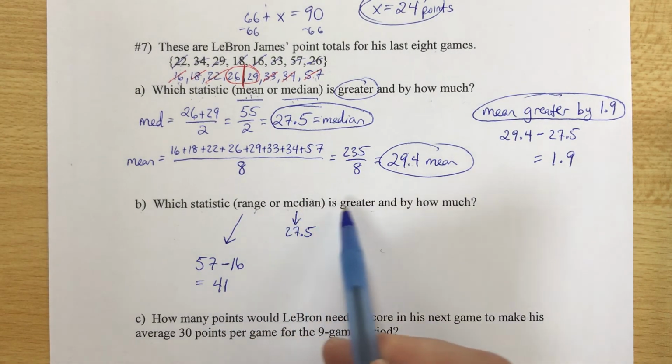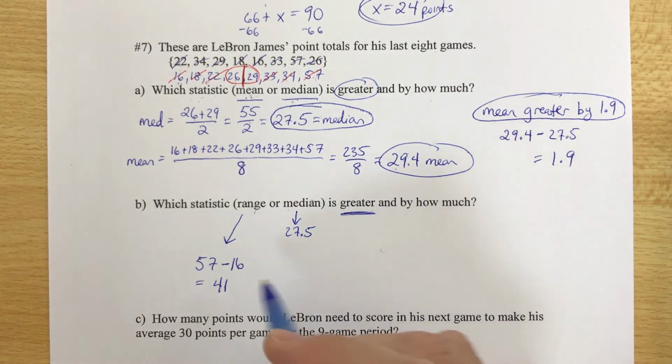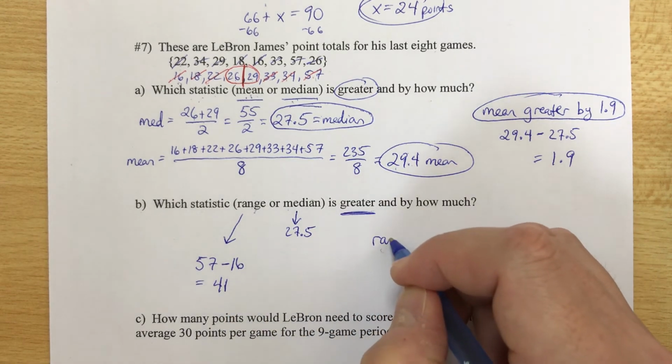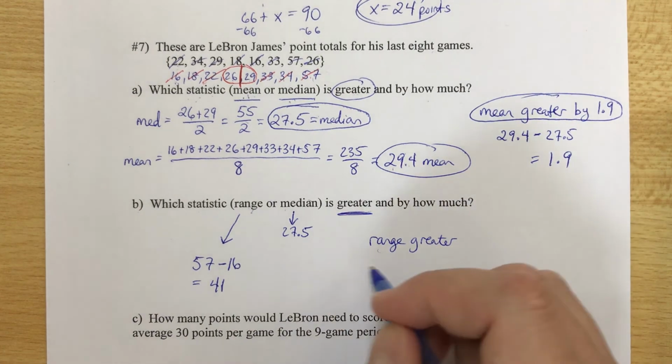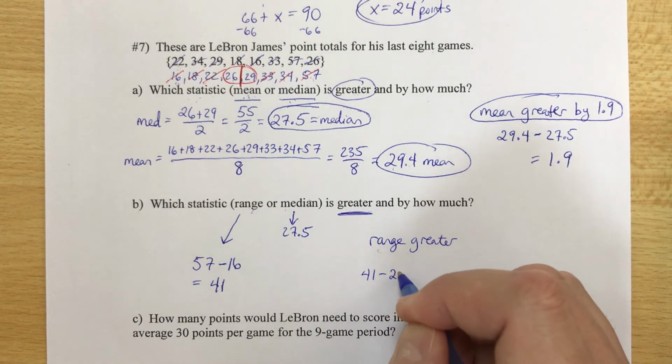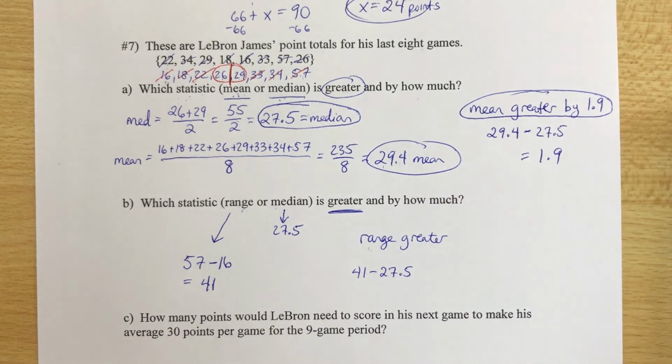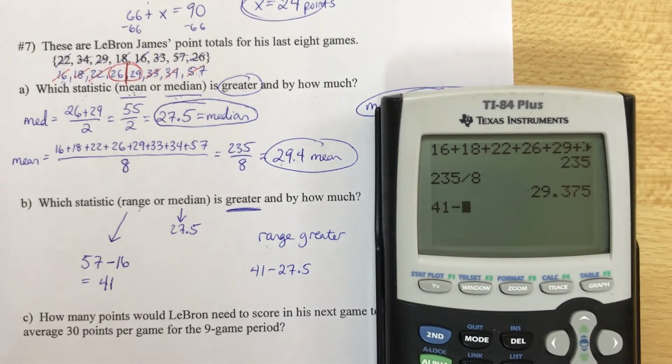So again, which of these is greater? Well, in this case, the range is greater. By how much? Well, we want to do 41 minus the smaller number. So 41 minus 27.5 is 13.5.